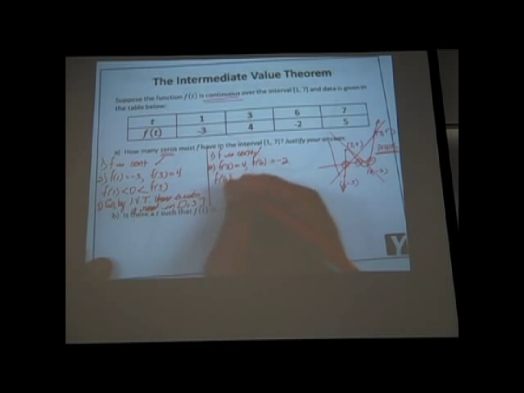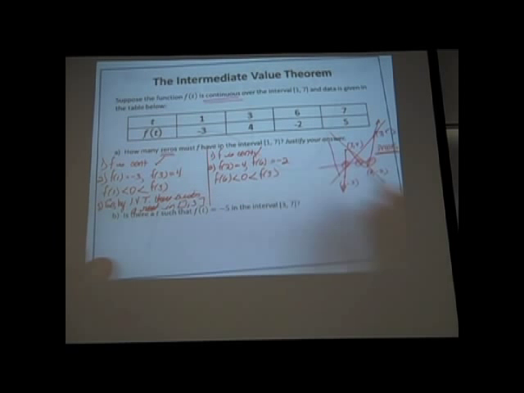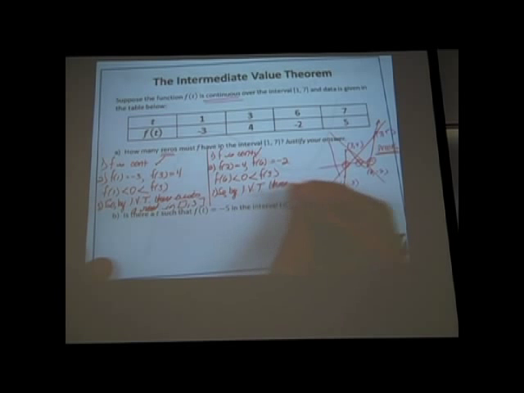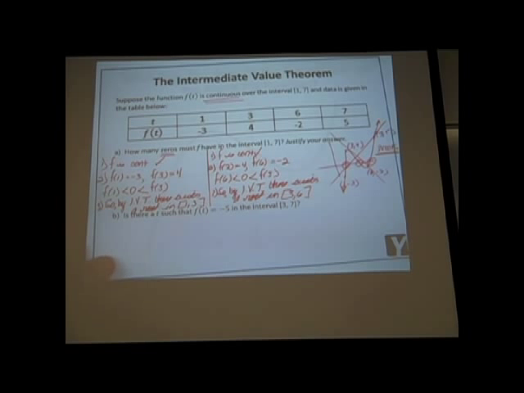F of 6 is less than 0, and that is less than f of 3. So, by the IVT, your intermediate value theorem, there exists a root in the interval [3, 6].